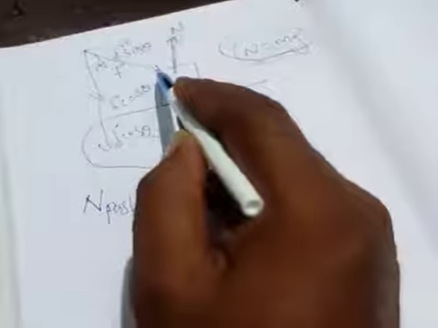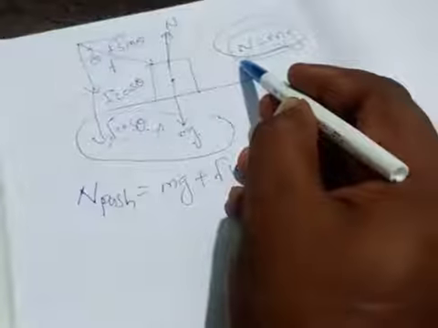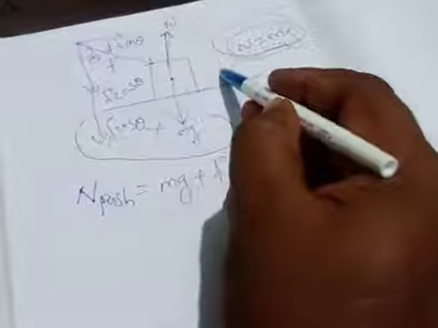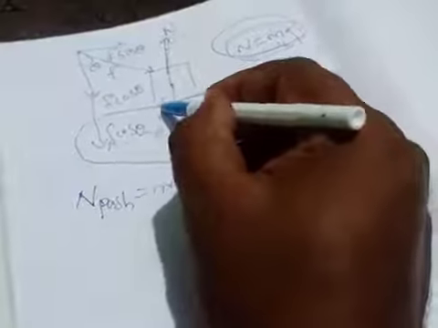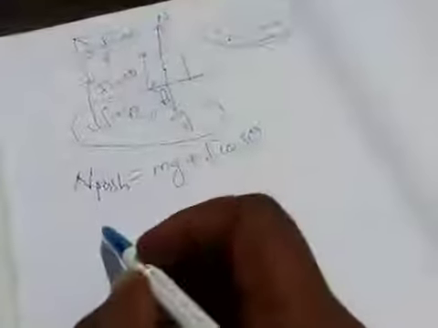When we are applying a force in this direction, the object tends to move in this direction. When the object tends to move in this direction, there will be opposite, in this direction, static friction, Fs.